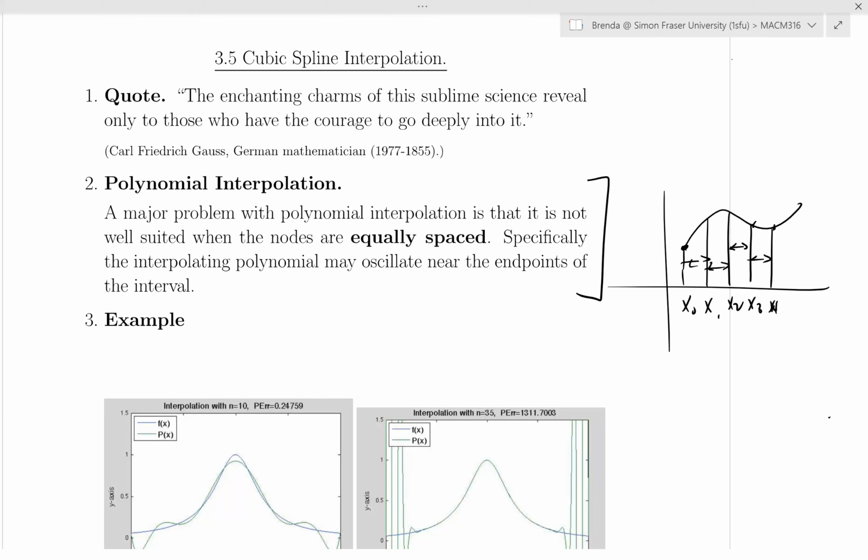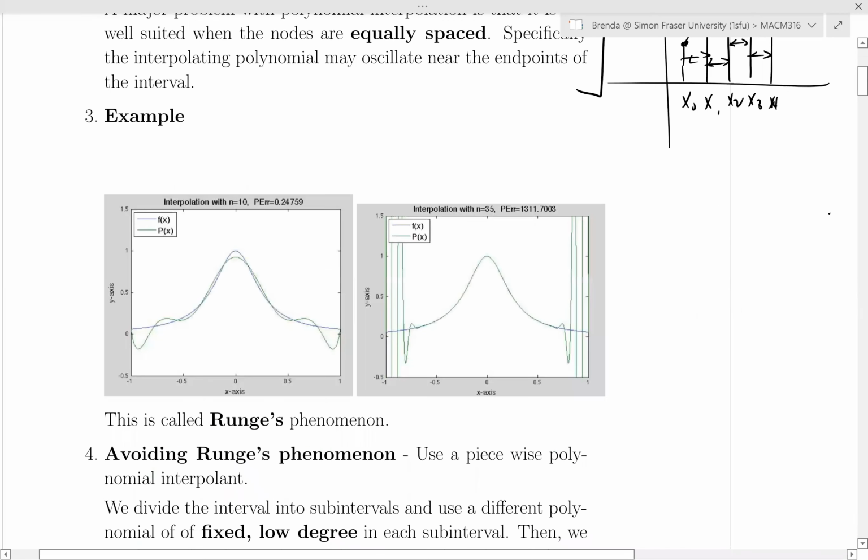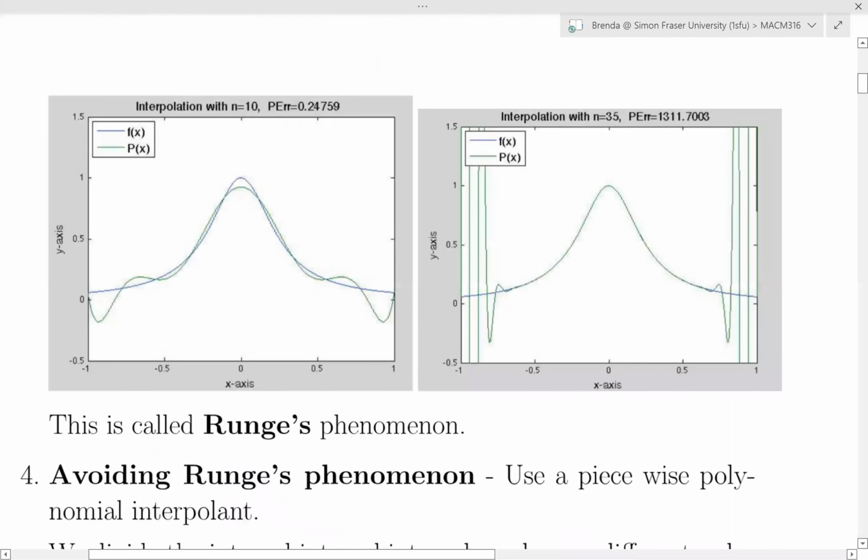And what does happen is, here I can illustrate this with a graph. Here we have a function in blue. So the blue line is the function that we're trying to interpolate. That is f of x. And then we decide to take 10 values of f of x, and we want to put an interpolating polynomial through them.